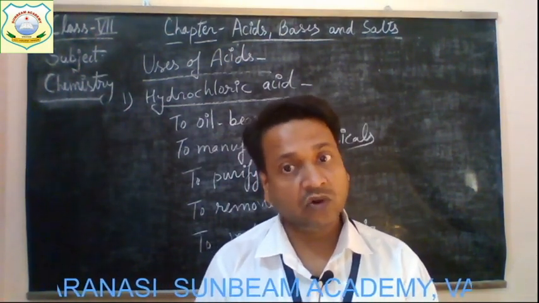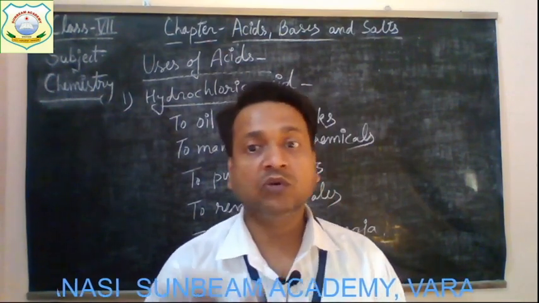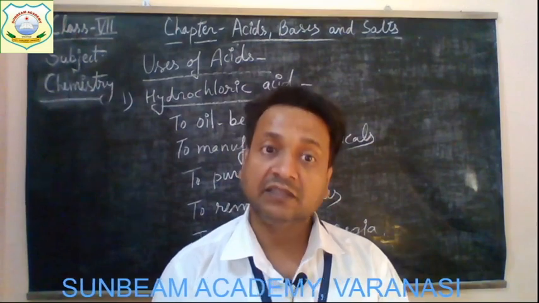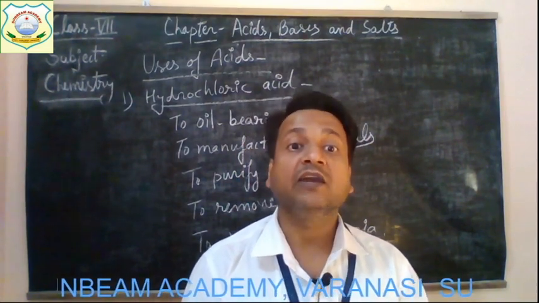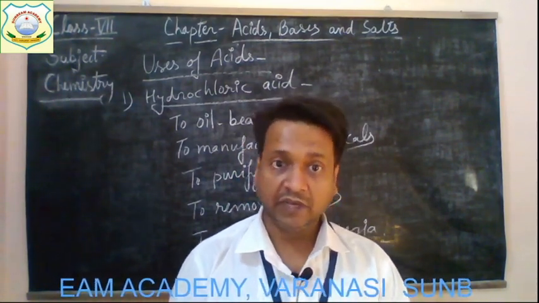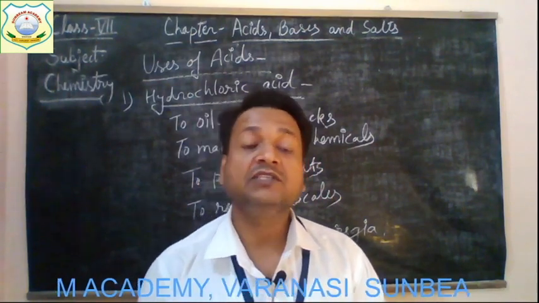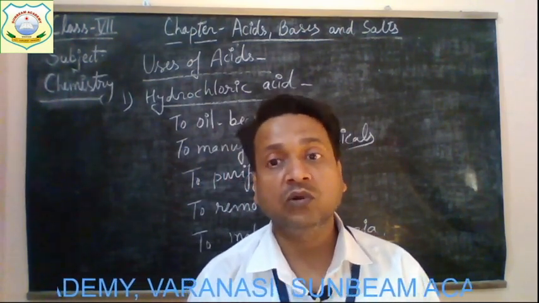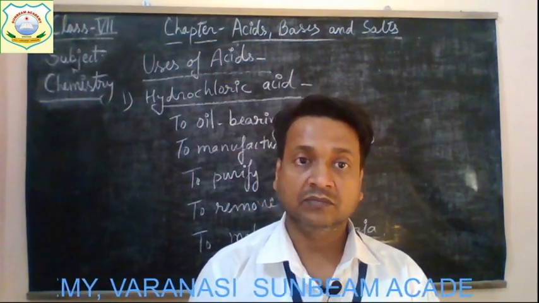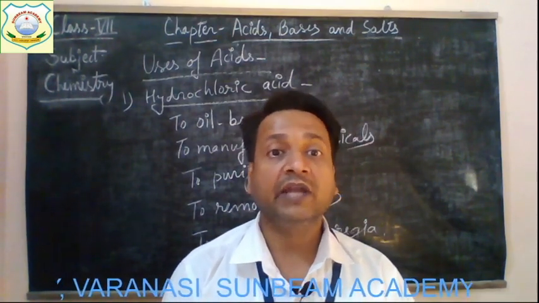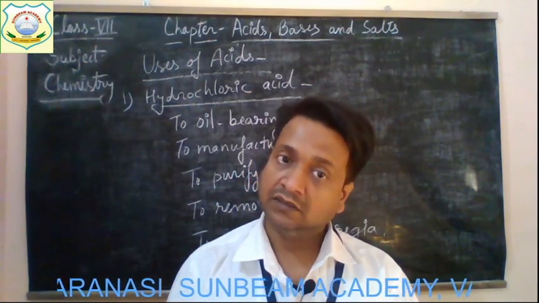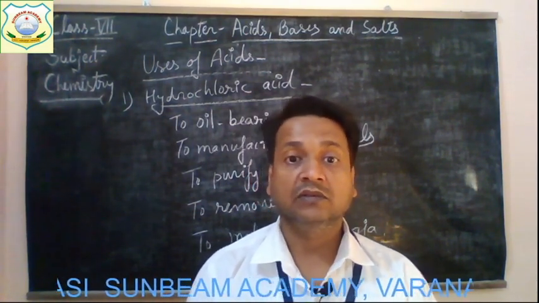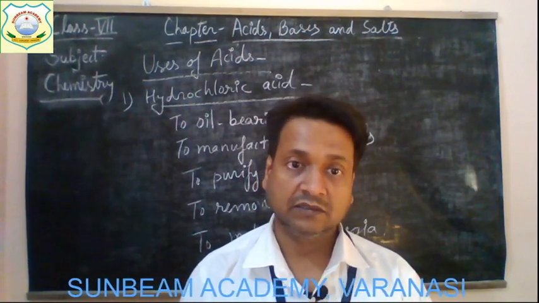Alright, so hydrochloric acid and nitric acid both get mixed in the ratio 3 is to 1, and this mixture is known as aqua regia. Okay, and this aqua regia is used to dissolve the noble metals such as gold and platinum. Gold and platinum are known as noble metals. Okay, and this aqua regia is used to dissolve these metals.